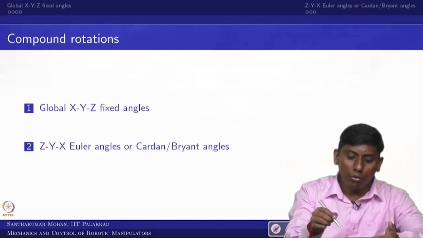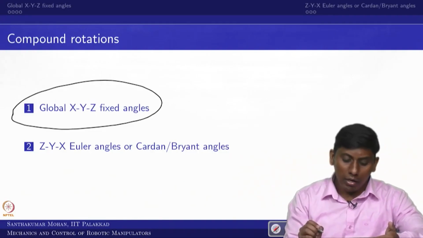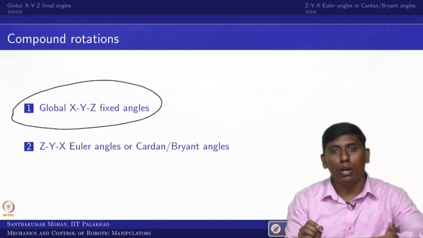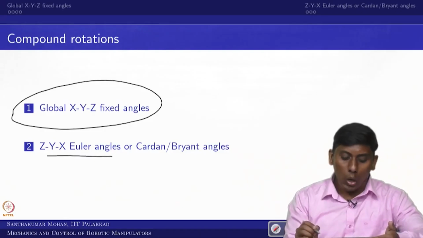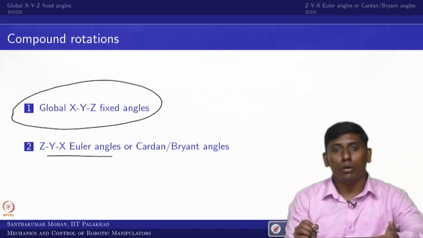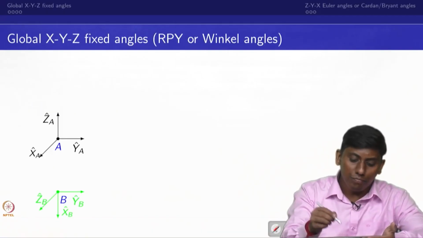What we are going to see is one, the global XYZ fixed angle, which we simply call RPY, in the sense roll pitch yaw, or some people call it Winkel angles. The other one is ZYX Euler angles, or simply we can call Cardan or Bryant angle. Let us move one by one.